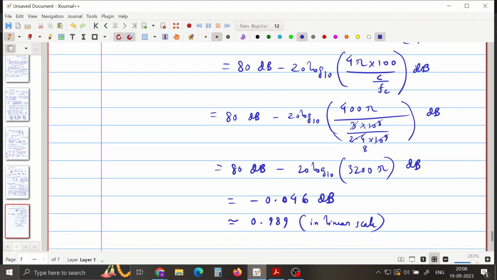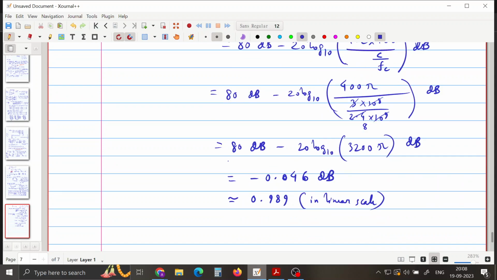Okay, so by the way, converting from dB to linear scale, I hope should be fine now. So 10 log base 10 of x is your minus 0.046 dB. So your x is 10 to the power minus 0.0046, which you get as 0.989.